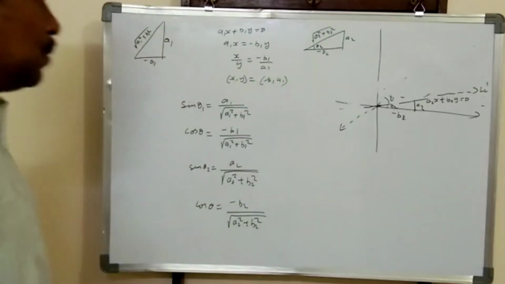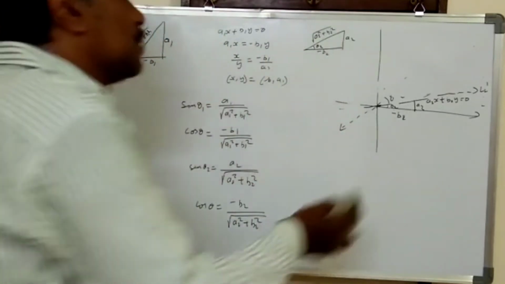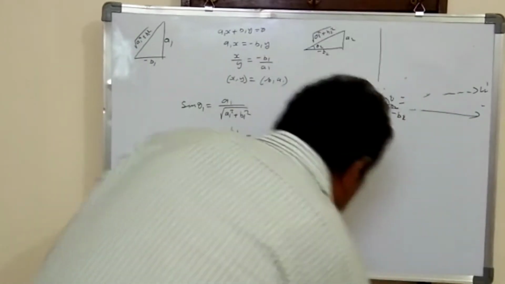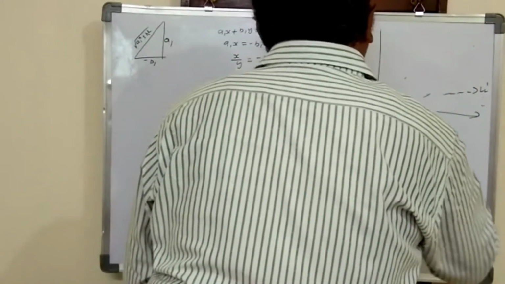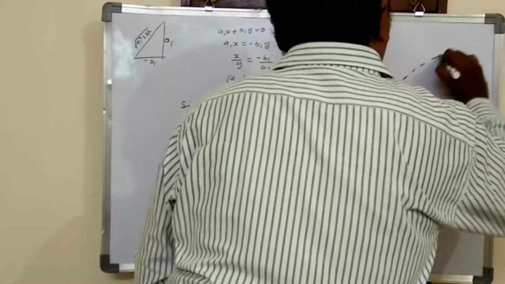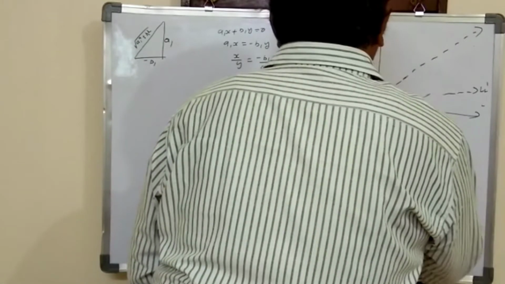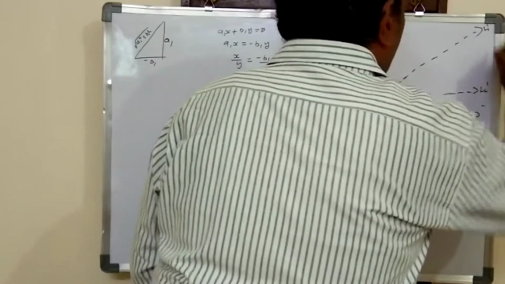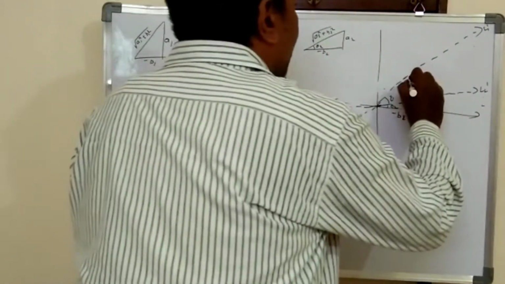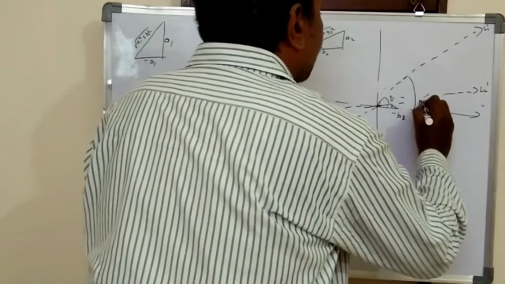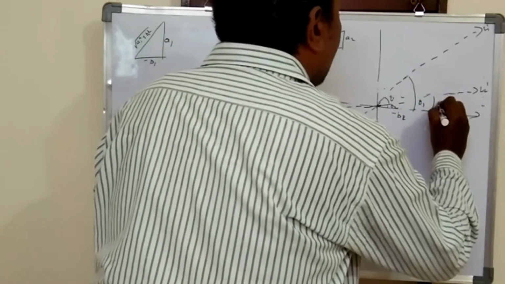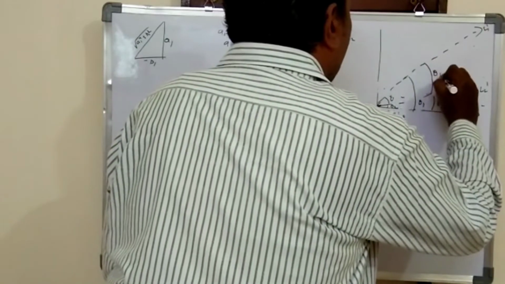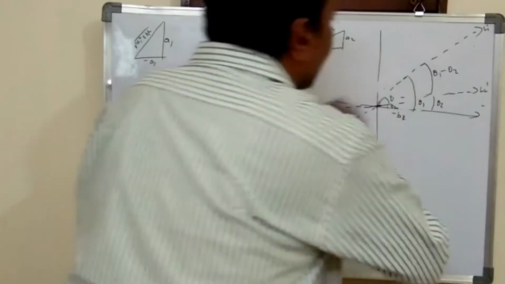Now I am drawing both the duplicating lines, L2 dash and L1 dash. From here to here the angle is theta 1, and from here to here the angle is theta 2. What about this angle? Theta 1 minus theta 2, which is equal to theta.